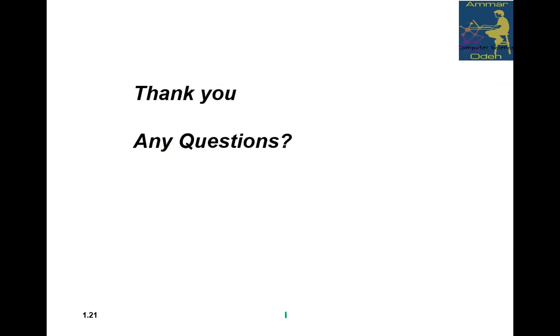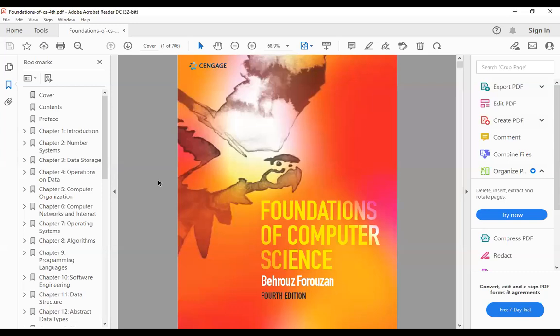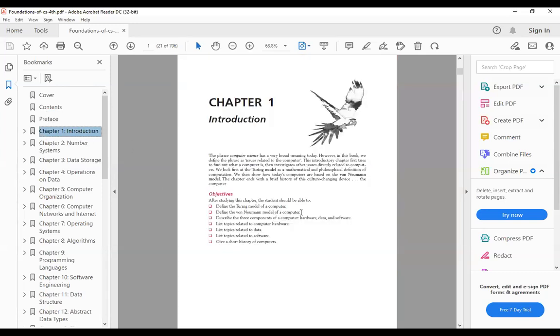By the way, I would like to share with you the book we have at this part. This is the book which is from Cengage, okay? And here are the components of the book.